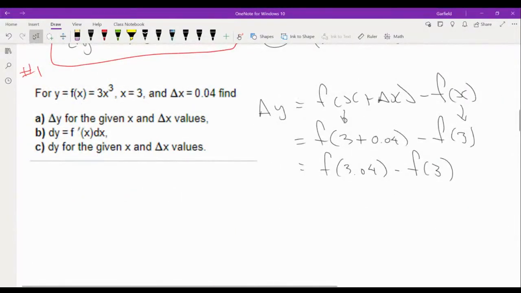Our function is 3x cubed. So this becomes 3 times 3.04 cubed minus 3 times 3 cubed. Is everyone following that?